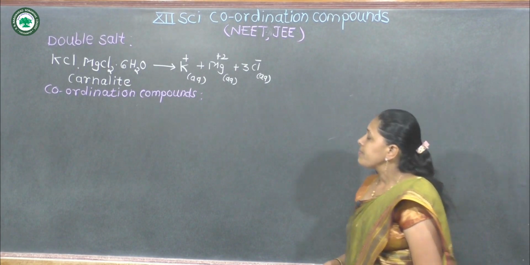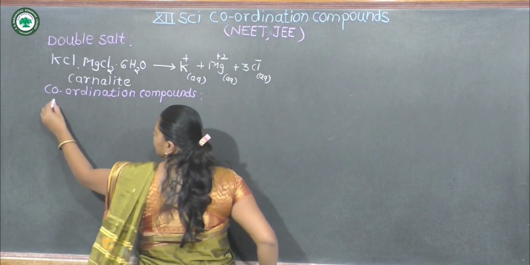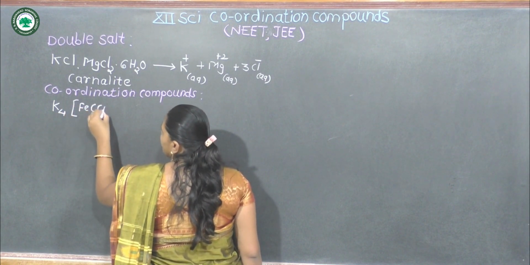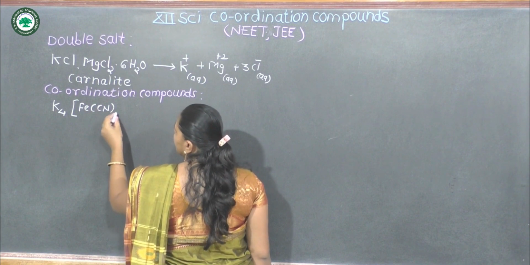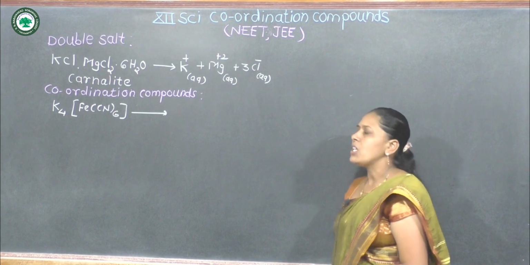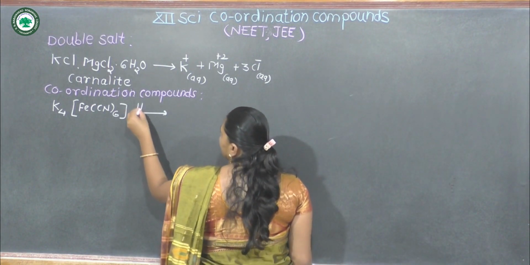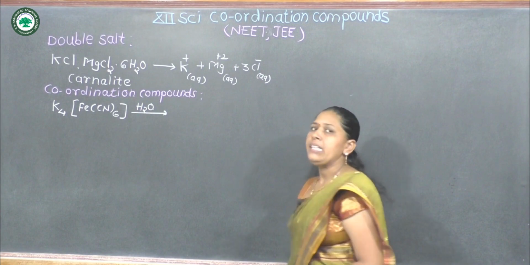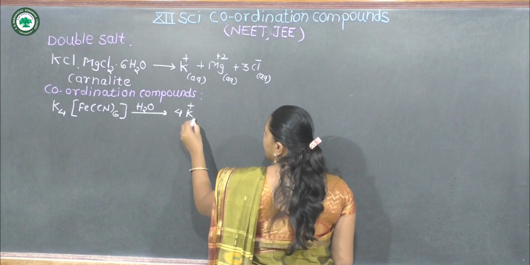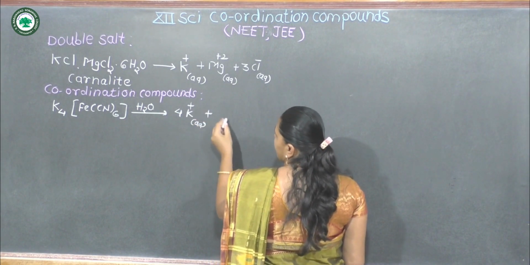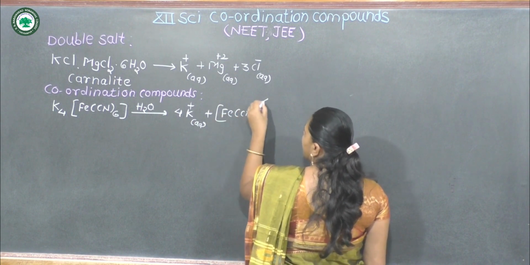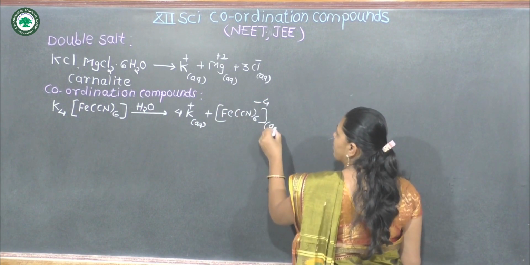For example, K4[Fe(CN)6] is a coordination compound. When this coordination compound is dissolved in water, it maintains its identity in aqueous solution as 4 K+ ions and [Fe(CN)6]4- in aqueous solution.